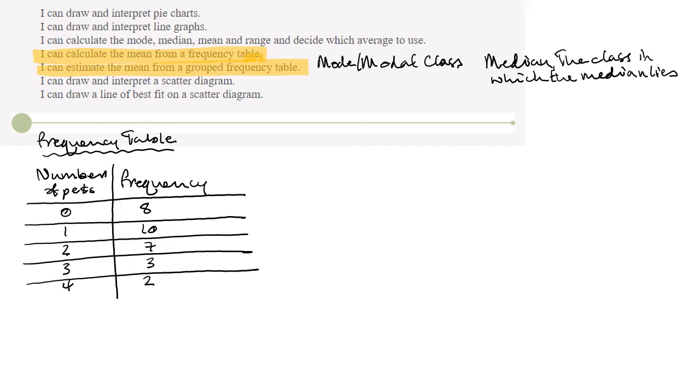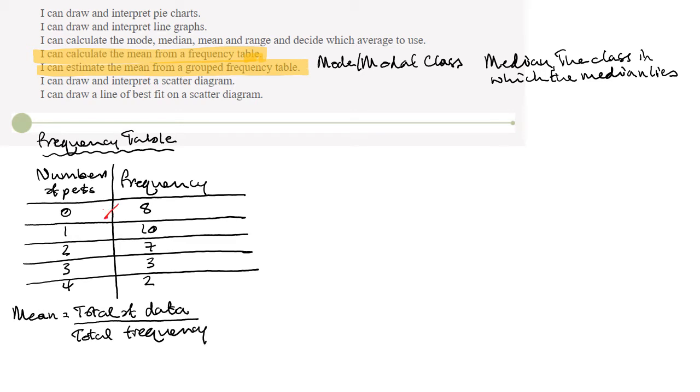And what we want to do is to work out the mean. We'll start with the mean. Now the mean, what we want is the total of the data, and we want to divide that by the total of the frequency, so total frequency. Now how do we find the total of the data?